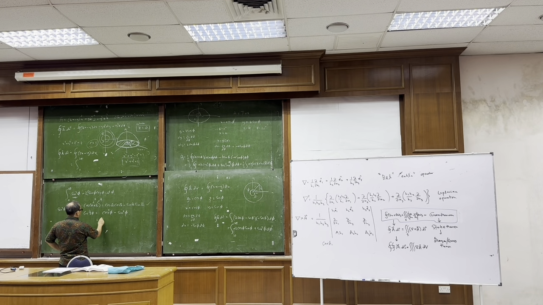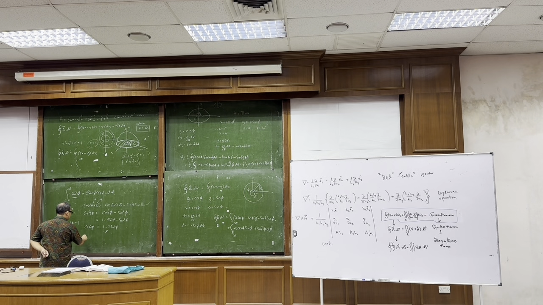Okay, now cos square phi, 1 minus sin square phi, because we want to convert to sine. There is also the identity cos square phi plus sin square phi is 1. So 1 minus 2 sin square phi equals cos 2 phi.